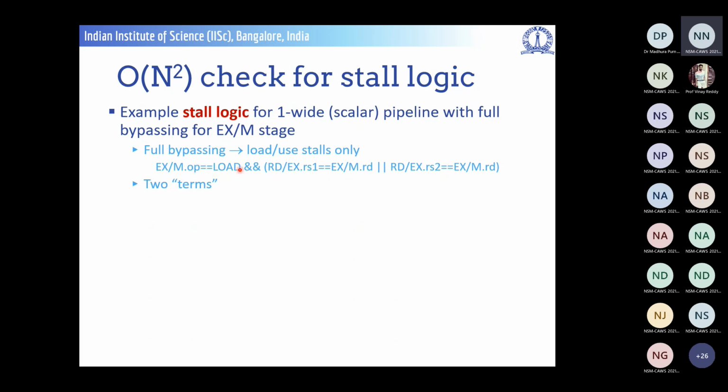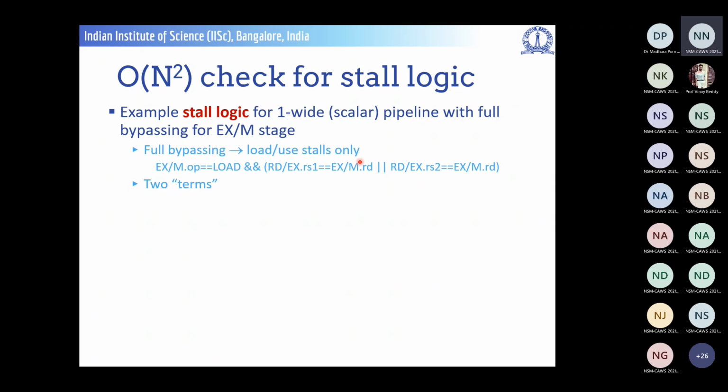If it is a load, then what you have to check is the RS1 and RS2, the source operand registers 1 and 2, of whichever instruction is in the register read or execute stage. You have to check whether they are the same as the destination register, RD, of the instruction which is in the M stage.